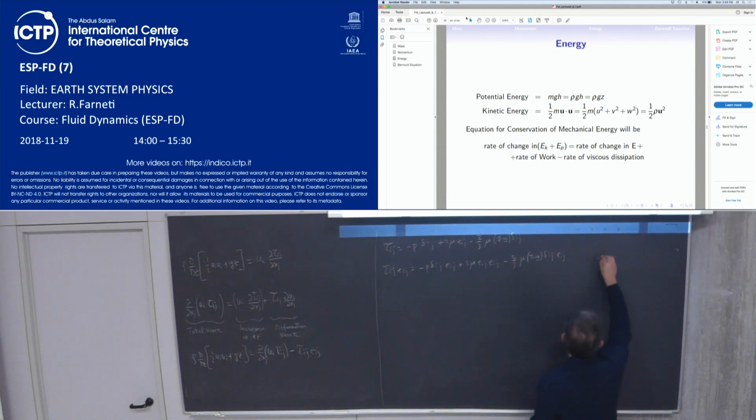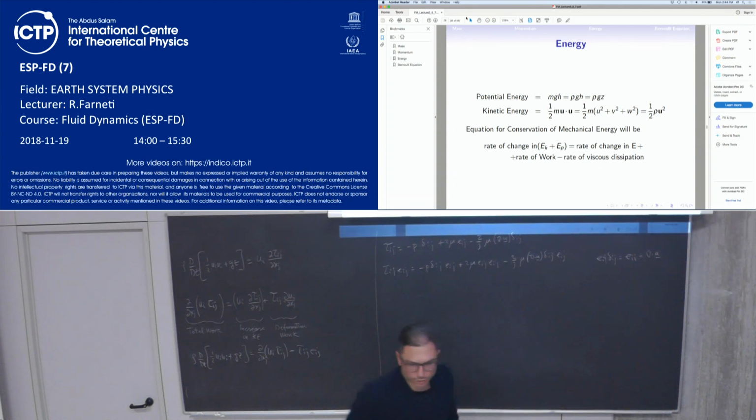But now we know how to use the Kronecker delta. Okay, that's equal to the divergence of U because of the properties of the Kronecker delta. You can switch the indices.